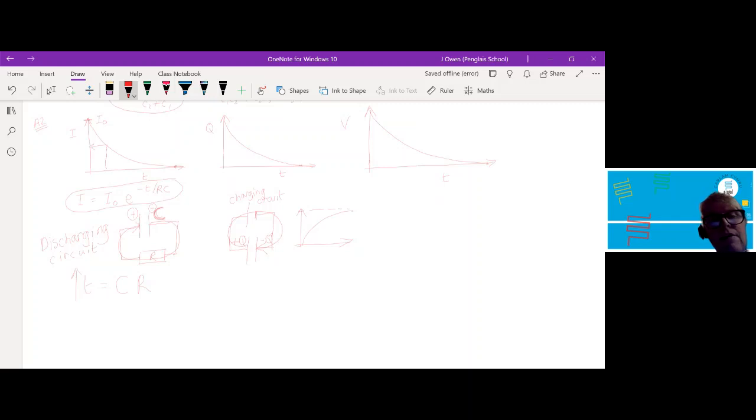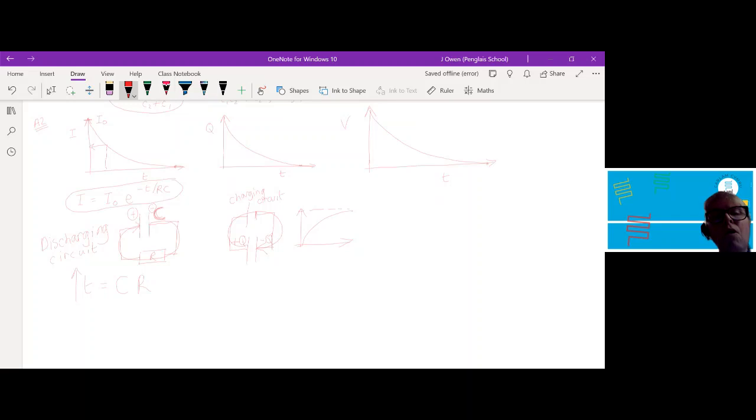So the higher the capacitance and the higher the resistance, the longer the time it takes to discharge. Just coming back a little bit: if I increase the resistance in the circuit, it's more difficult for the charge to flow around to the other plate, because there's more resistance to the flow of that charge.